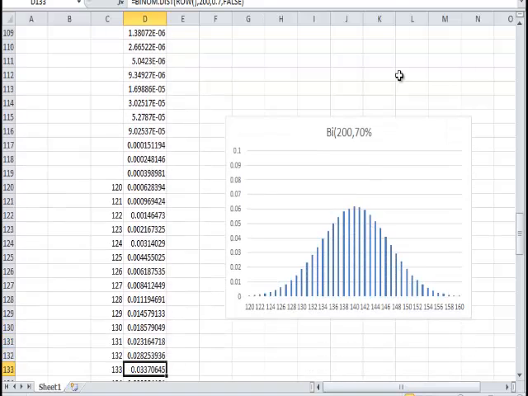Now we go down, and here it is 120. This is the counterpart of 60. We have changed sample size n from 100 to 200. So the 60 has moved to 120, and this has a probability 0.006.